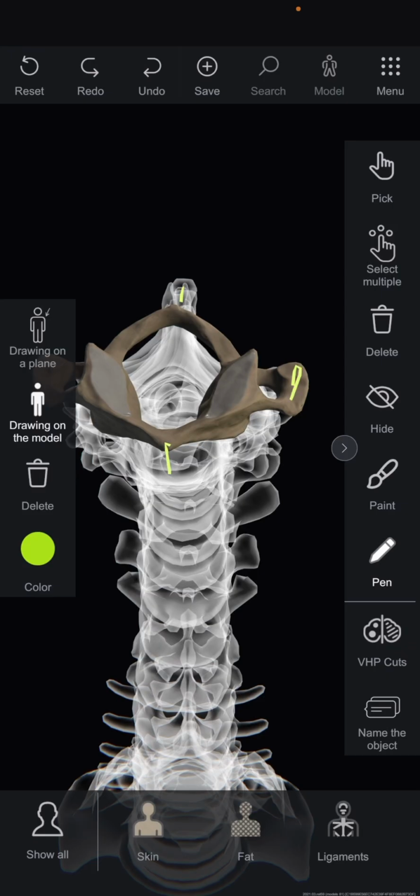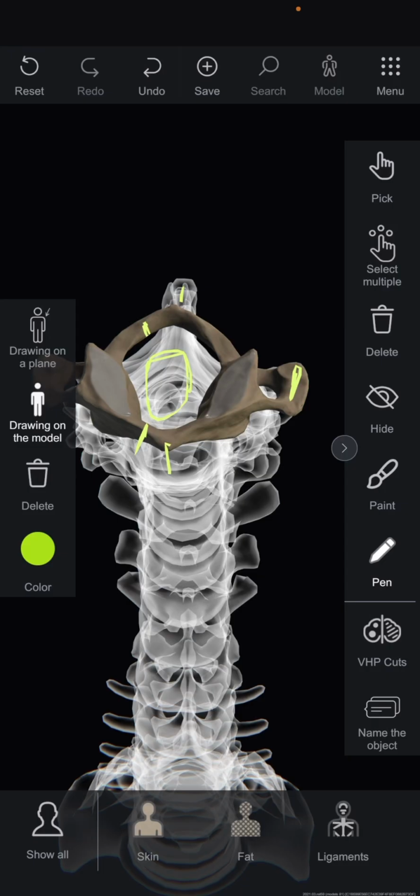Then we have the transverse processes on both sides, right and left. Here is the anterior arcus and this is the posterior arcus, and this area is the vertebral foramen, which all vertebrae have, and here we have the spinal cord.